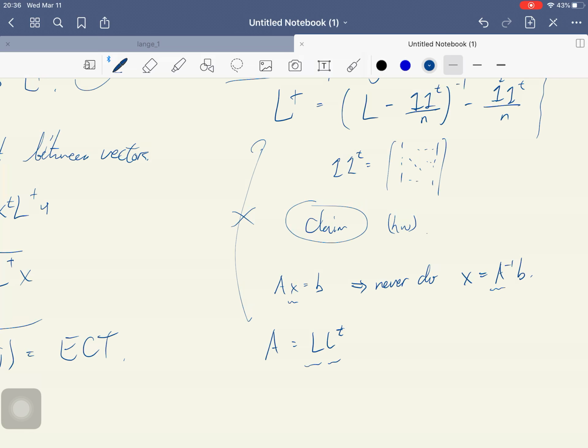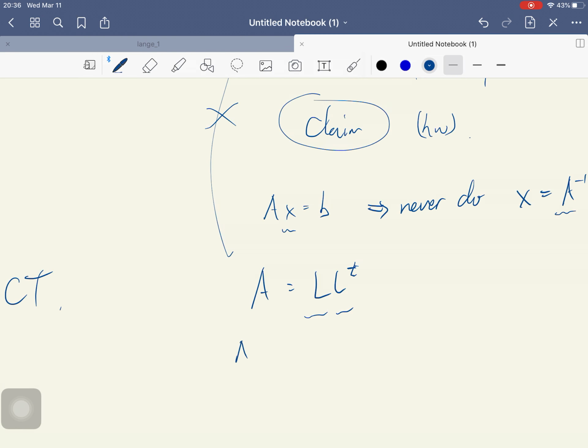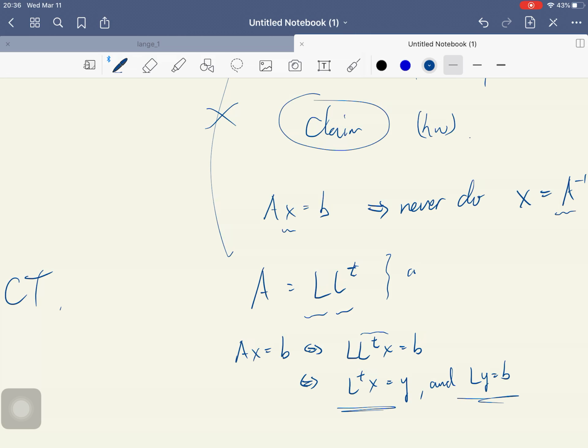If you are able to do this factorization, then Ax equals b can be solved using LL transpose x equals b, just substituting A. This is if and only if L transpose x equals some other vector, call it y, and L times y equals b. So basically you want to solve these two equations once you have the Cholesky.